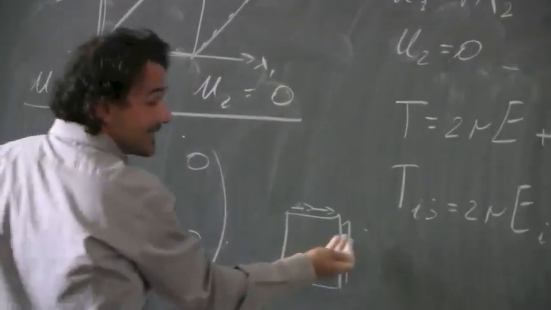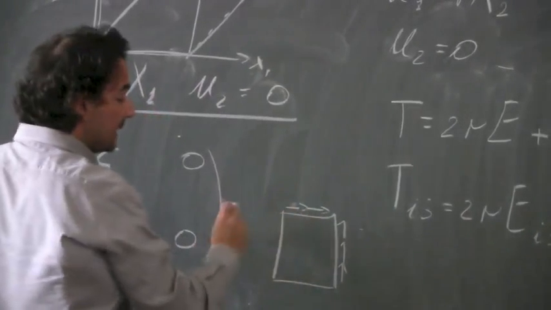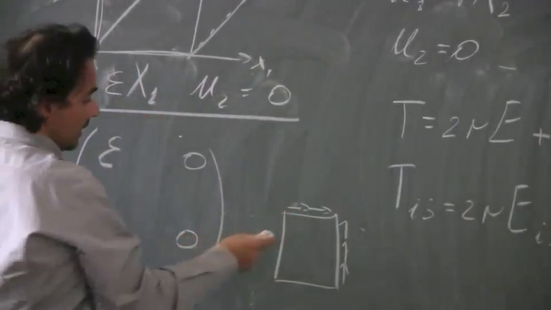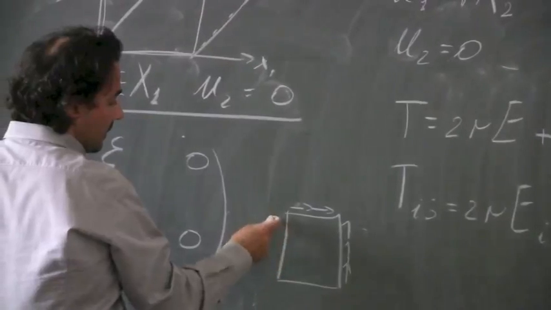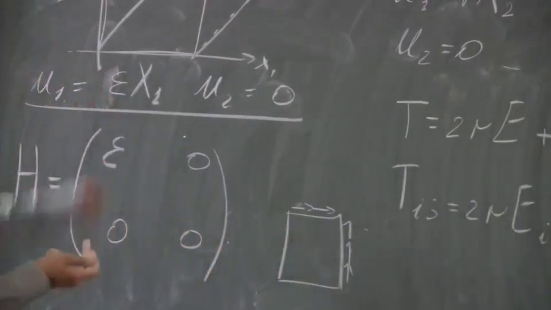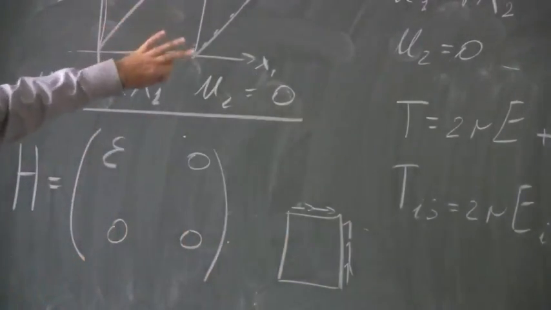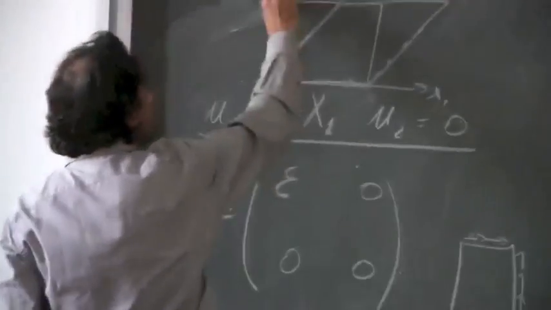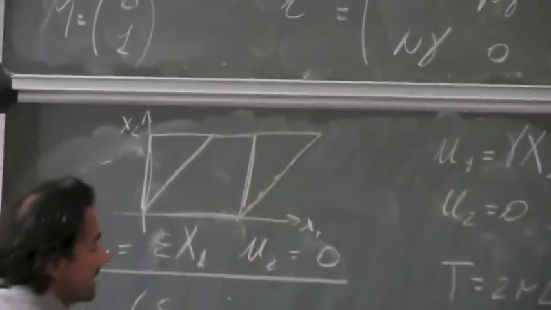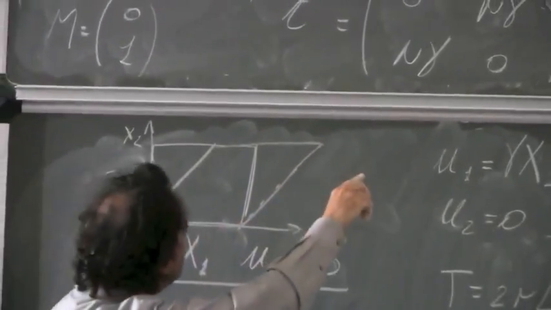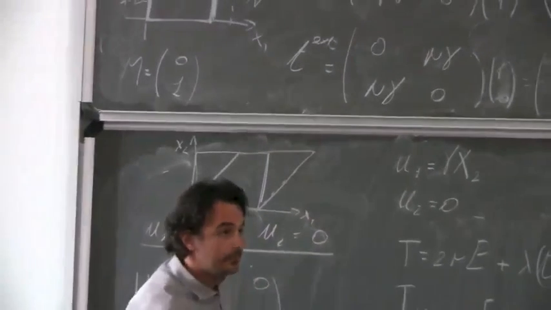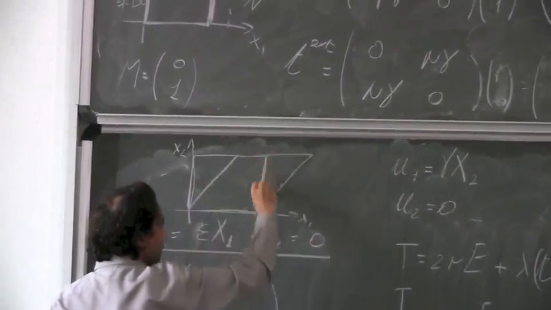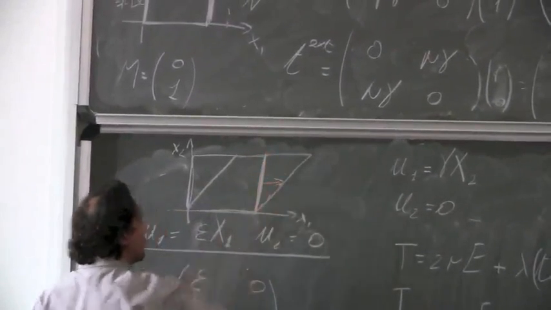Of course, in the other side, what is the external normal in the other side? The stress tensor is the same. What is the external normal here? Here, the external normal is 1, 0, because it is this one.